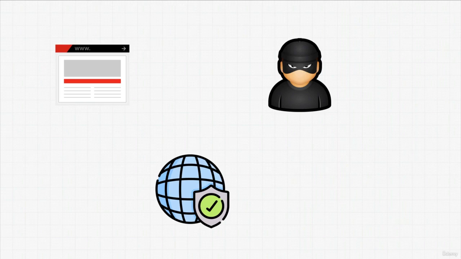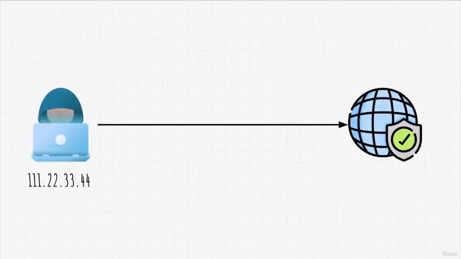Besides that, on our hacking side, as we already mentioned, it will help us make ourselves more anonymous during our penetration tests. For example, this is what a normal scan that we did in the scanning section looks like. Our IP address is, for example, 111.22.33.44, and we are directly scanning the target.